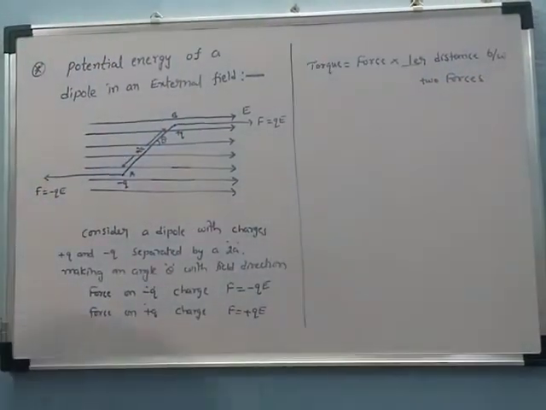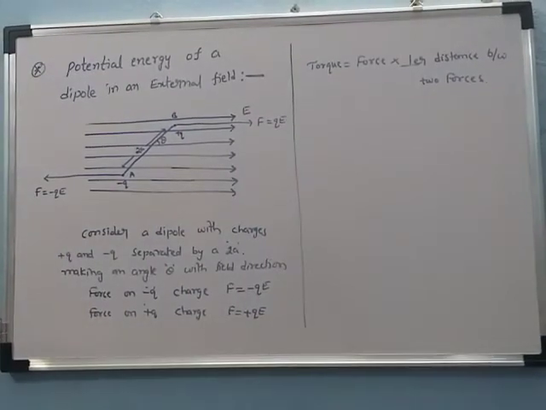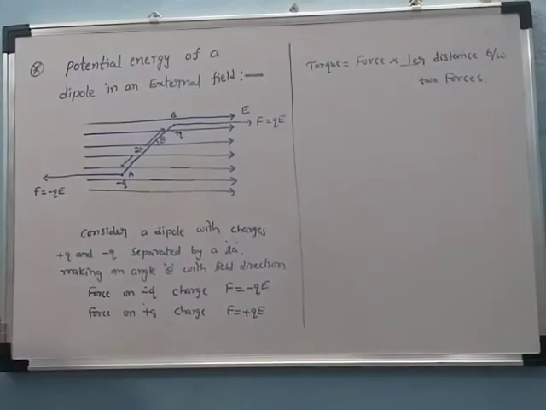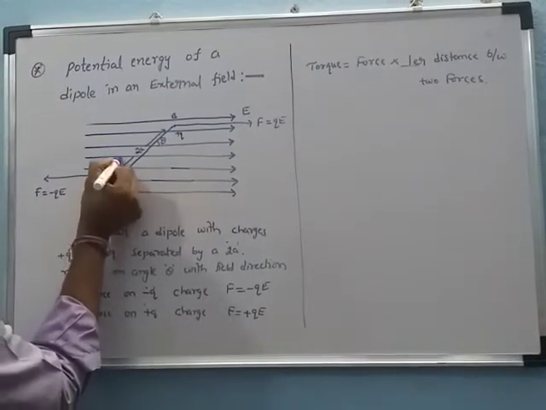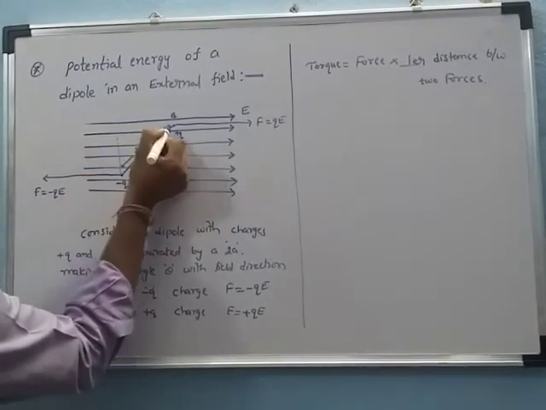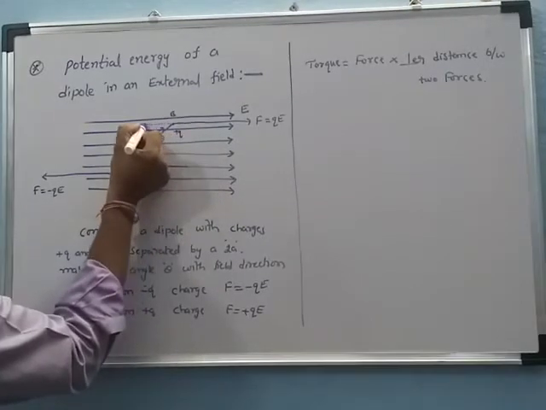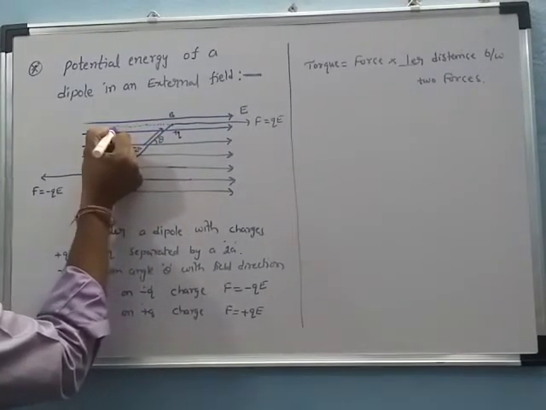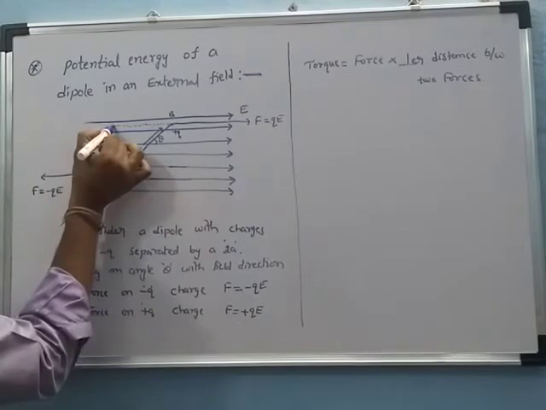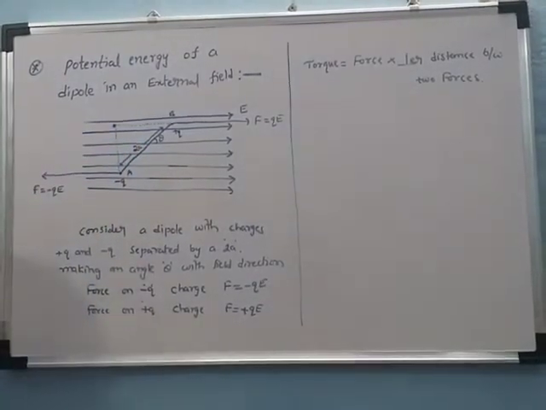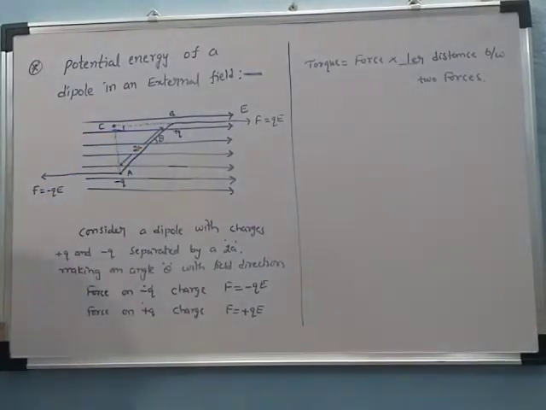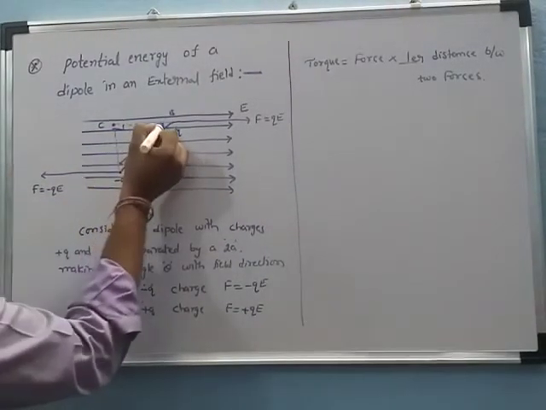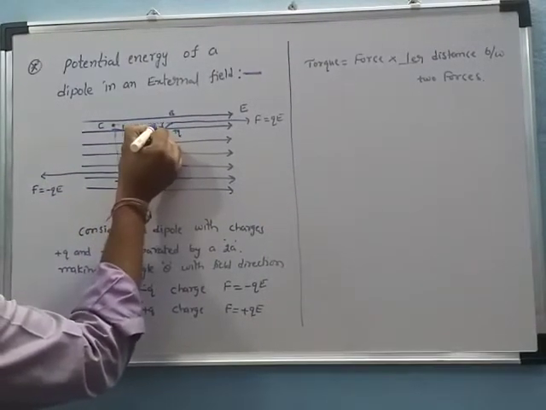The perpendicular distance between the two forces: draw a perpendicular from one of the forces, extending it, and from the other charge's force likewise. The point where the two extensions meet is where they are perpendicular to each other. Here also it is making an angle, which is theta.